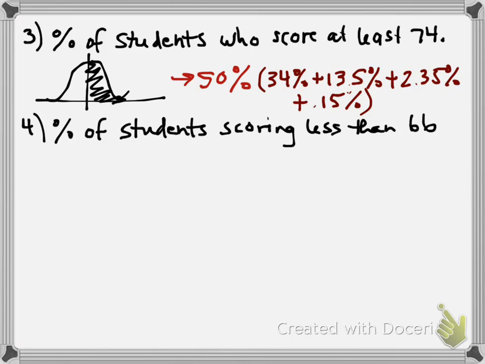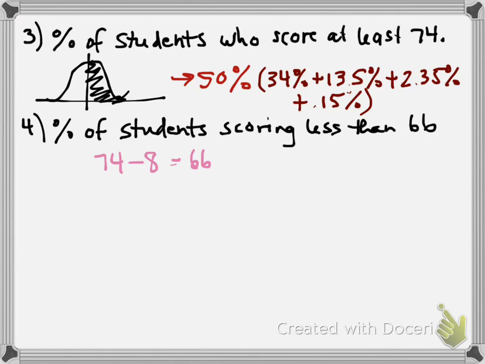Okay. So if we think about that, we have our standard deviation. So we have our 74. To go left would be subtracting, and if I subtract it from there, I get 66. So I've taken out the 34% for the first standard deviation. So I'm from standard deviation 2 all the way to the left.